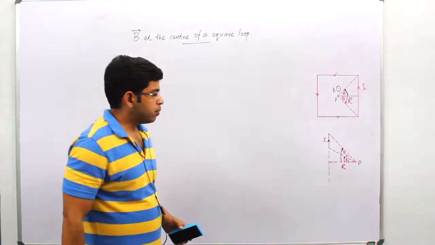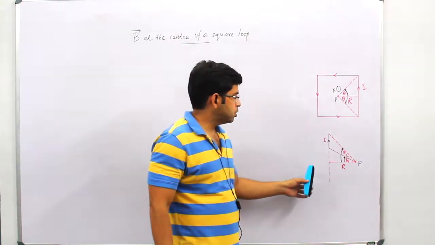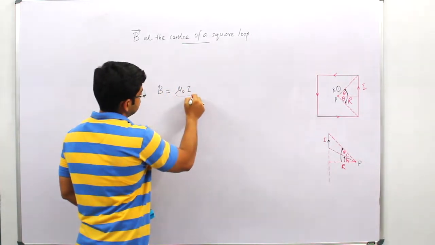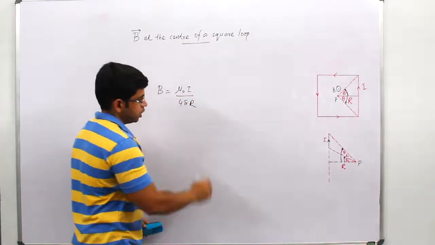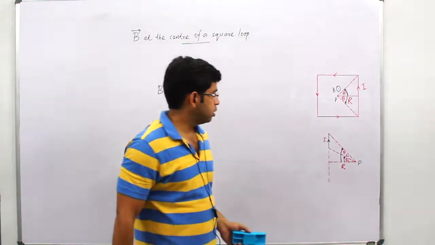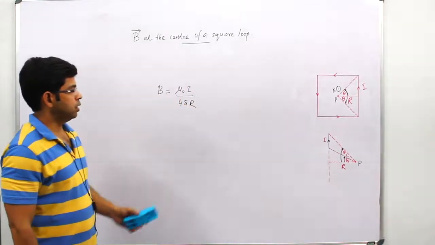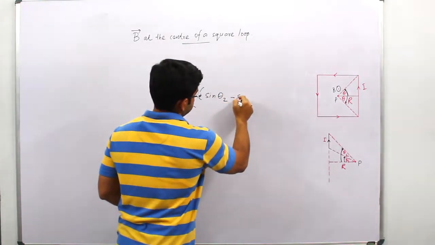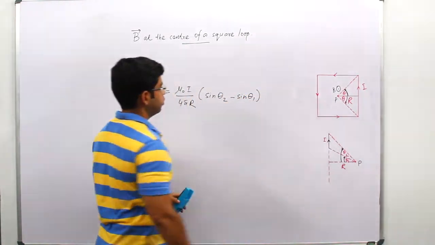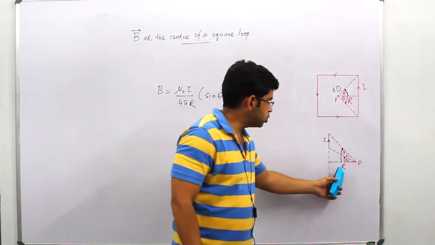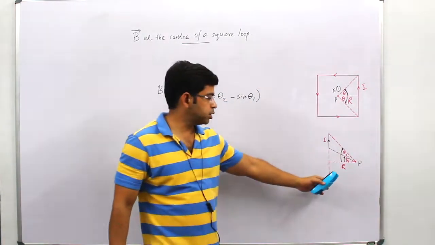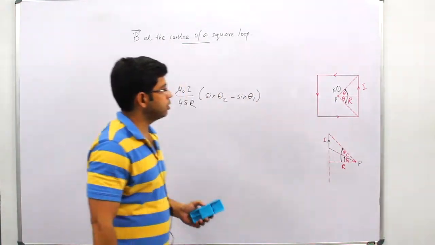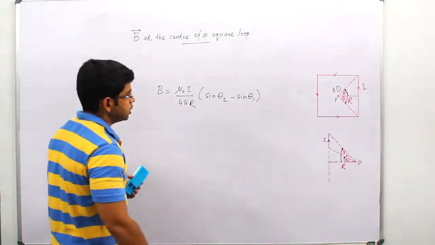In a previous video, I have already mentioned and we have also derived the magnetic field B as mu 0 I by 4 pi r, where r is the distance of the field point P perpendicularly from the axis of the conductor. There we had this result, sin theta 2 minus sin theta 1, where the configurations of the angles theta 1 and theta 2 are shown in this figure, and please note the sense of rotation of the angle. But here if we apply this formula to this diagram, we have to make subtle changes.